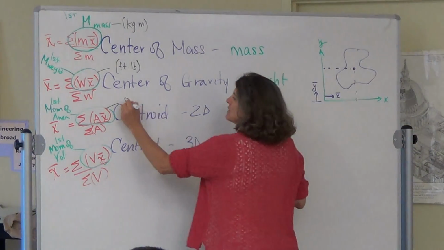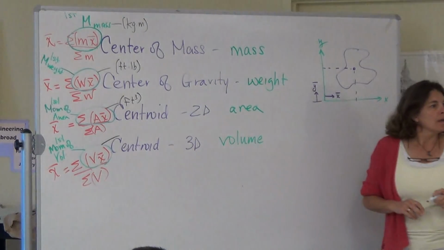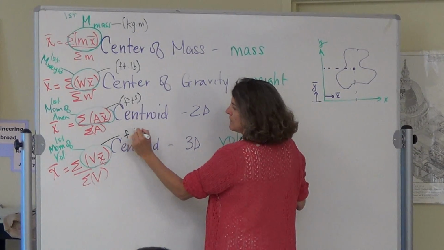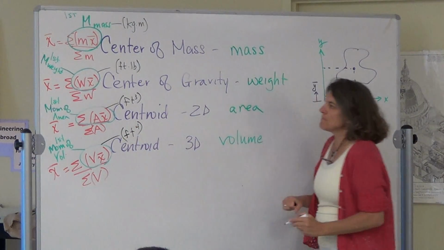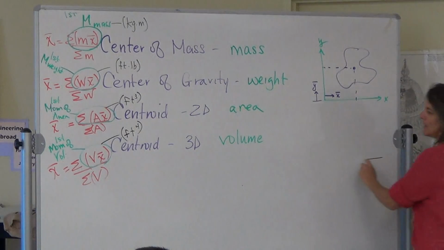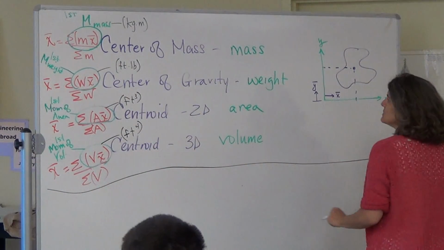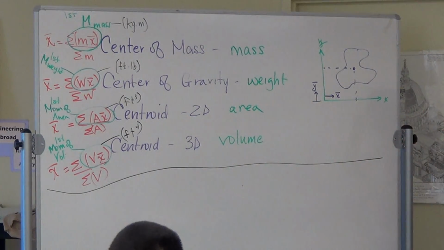Good. Kelly? Foot to the fourth. Correct. Okay, so this is what we looked at on Thursday. This is dealing with center of mass, center of gravity, centroid of area, and centroid of volume.